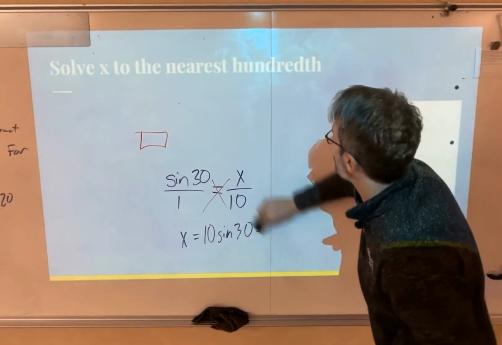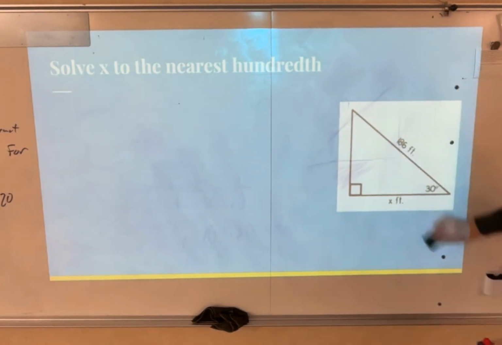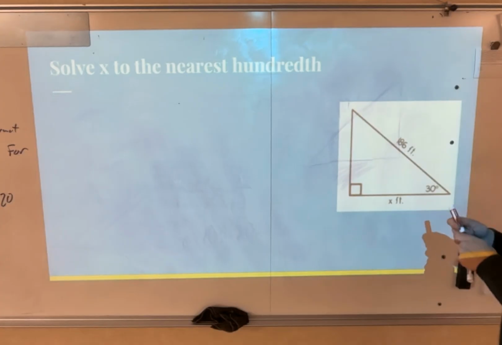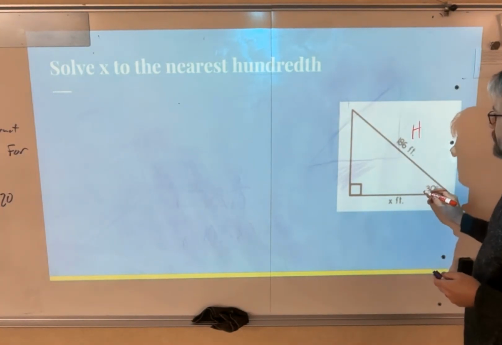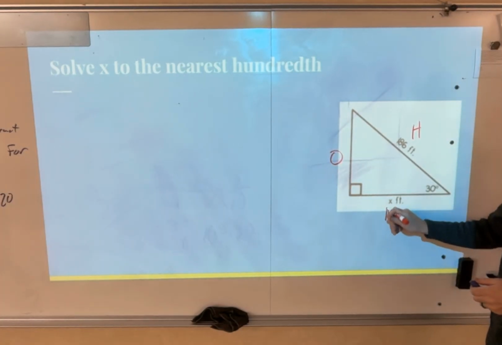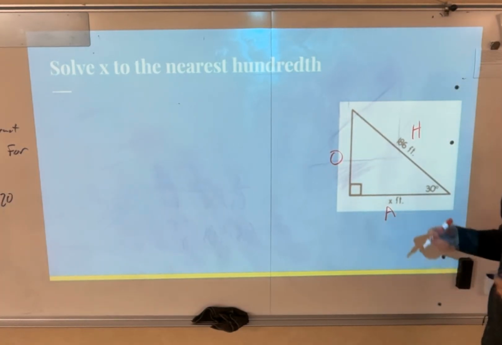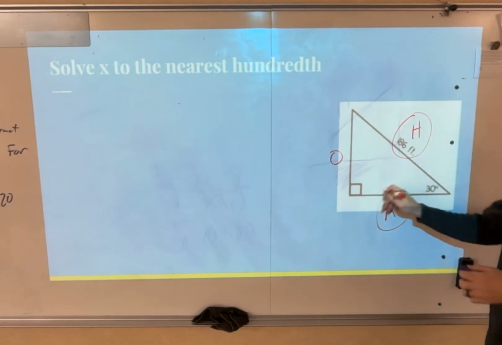Looking at this one, solving for x and rounding to the nearest hundredth. I'm going to start out by labeling my sides. My hypotenuse is 186. My opposite side is over here, and my adjacent side is where the x is. Now, which trig ratio am I going to use? Well, I'm looking for this.